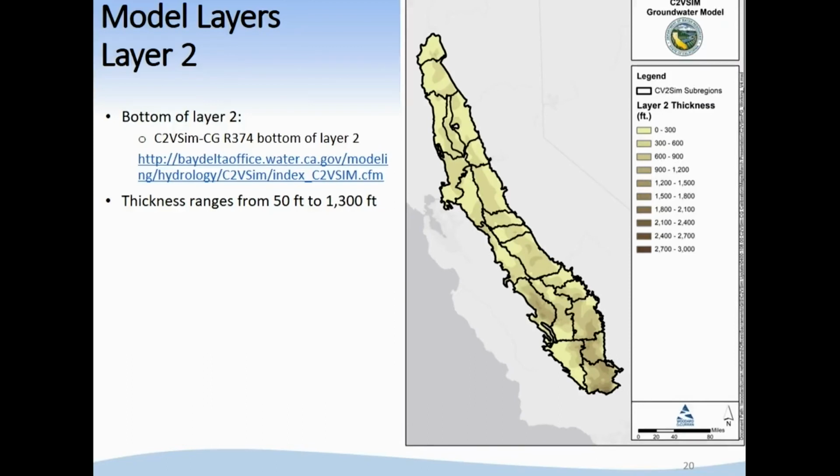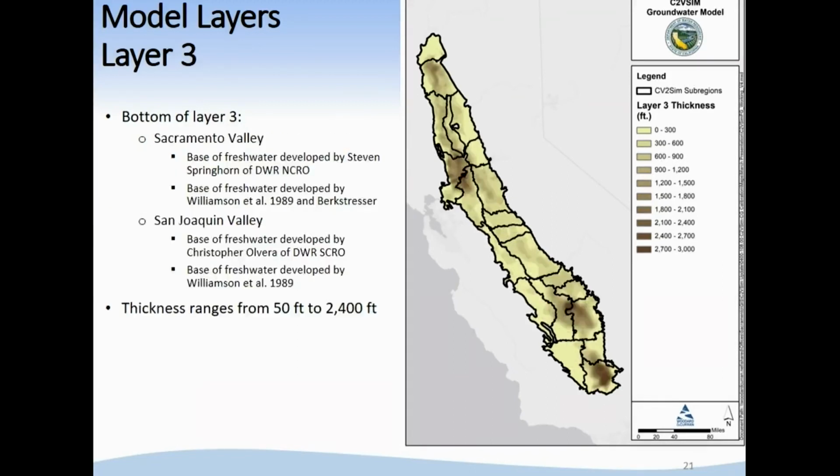Layer 2 represents the majority of the pumping, and again we try to match the C2VSim bottom of layer 2 for most of the areas. The thickness ranges from 50 feet to 1,300 feet depending on the location. Model layer 3, again, has its bottom representing the bottom of fresh water, so we have new information available for that delineation. In the Sacramento Valley, we use the base of freshwater developed by Steven Springhorn while he was in the North Central Regional Office, and some information from Williamson and Bergstresser.